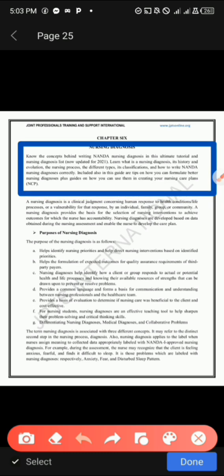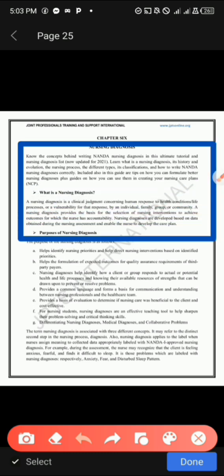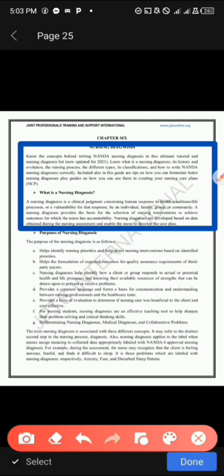Learn what nursing diagnosis is, its history and evolution, the nursing process, the different types, its classification, and how to write NANDA nursing diagnosis correctly. Included also in this guide are tips on how you can formulate a better nursing diagnosis plan, and a guide on how you can use them in creating your nursing care plan, NCP.